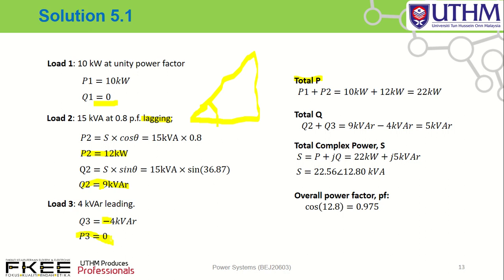In this case P3 equals 0, so you get the total P. For total Q you need to add Q1, Q2 and Q3. In this case Q1 equals 0, so you get the total Q. So the total complex power S, a vector, equals P plus jQ. We have a P and then we have a Q.